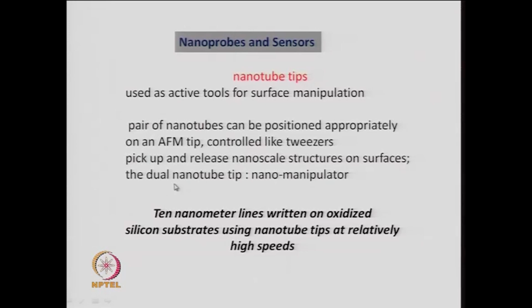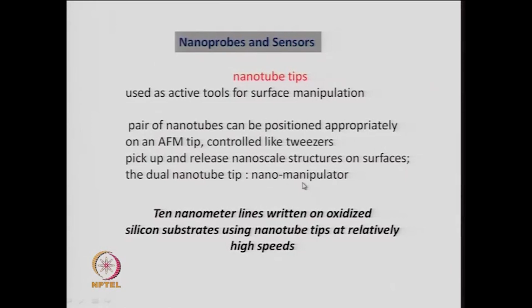So, you need at least a pair of nanotubes to act like a pair of scissors or something, which are called tweezers or forceps, which you have seen in the laboratory, and you can control them to pick up and release nanoscale structures at places where you want them to move. So, this dual nanotube tip is what we call a nano manipulator.